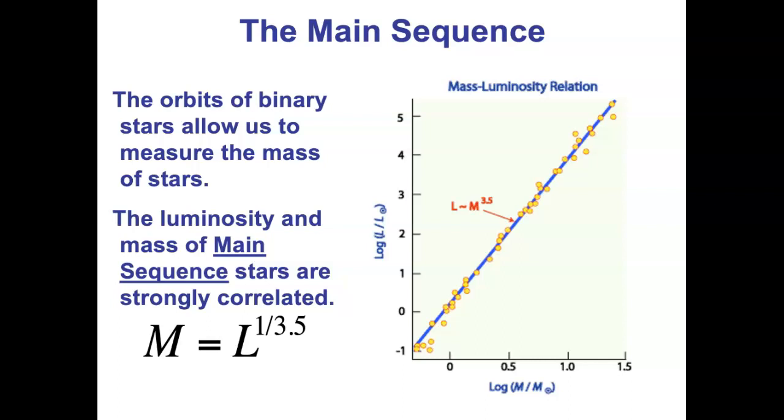A binary star is 2 stars that are orbiting around each other, 2 stars that are gravitationally bound to each other, the way that the Earth is gravitationally bound orbiting around the sun. And so by studying 2 stars as they orbit around each other, you can measure what the mass of the stars are. What the mass of both stars individually are.